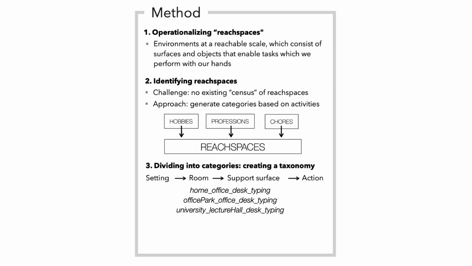Next, we divided them into categories, and we quickly realized that this was not trivial. Should you refer to a reach space based on the action that is performed there, or on the room that it is in? We eventually settled on a 4-part taxonomy, whereby a given reach space would be defined by the setting that it is part of, that is the broader environment type, the room that it is in, the surface supporting the actionable objects, and the action that is performed there.